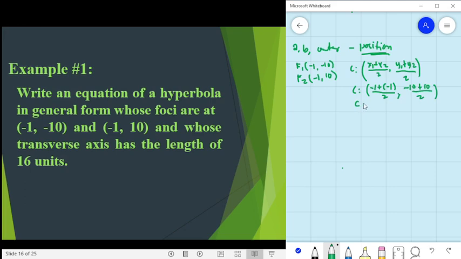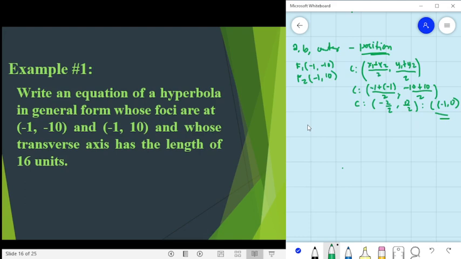And simplifying, we can have negative 2 over 2 and then 0 over 2. So the center therefore is at negative 1, 0. Okay, so this will be our center.